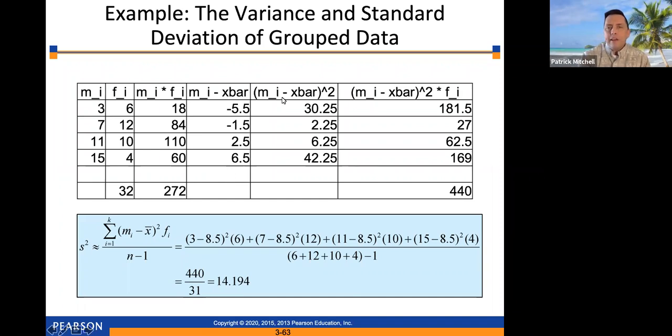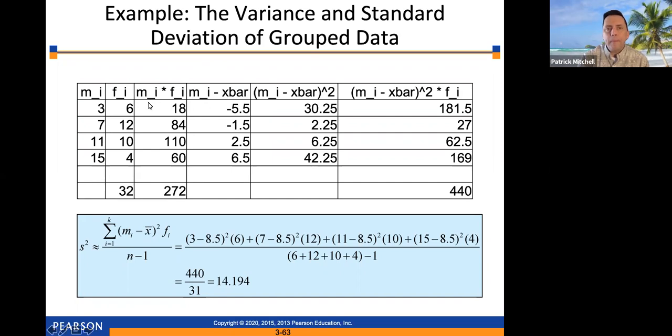All right, and then the next thing I'm going to do is take all those differences and square them. Remember that when you square a number, you will never get a negative. So I don't have any negative numbers in this column. The square of negative 5.5 is positive 30.25. The square of negative 1.5 is positive 2.25, et cetera, et cetera. And then finally, you have to multiply each of these numbers by the frequency for that class.